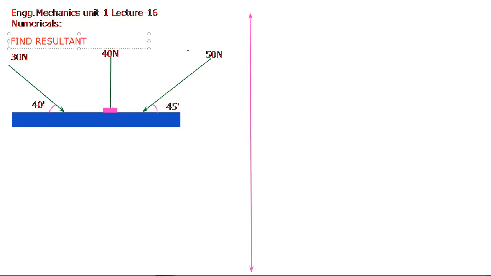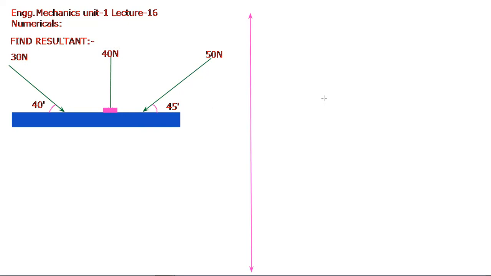Find the resultant. Now these things are given. Now as you are going to find the solution for this numerical, you have to solve the numerical in a systematic manner. First of all, you have to consider the sign convention.